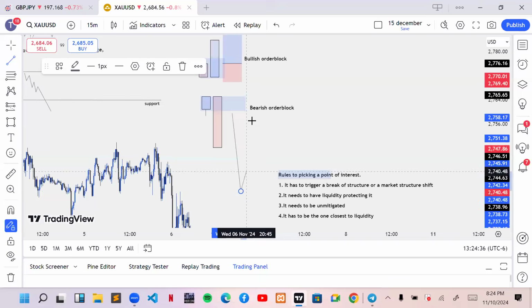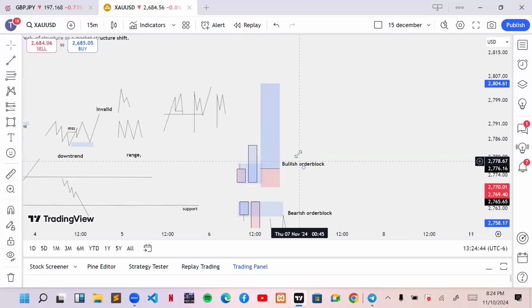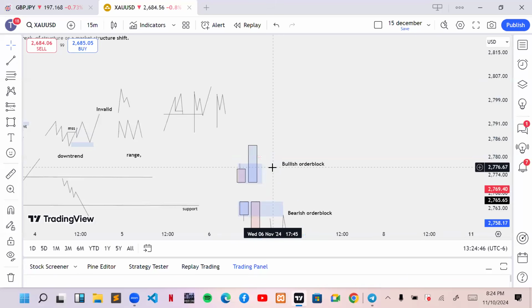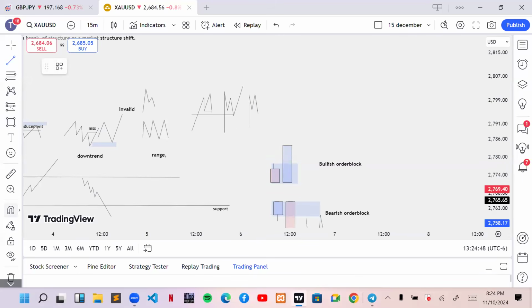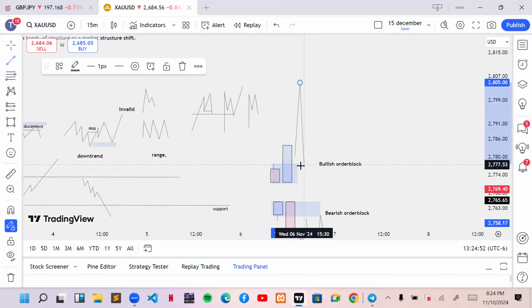When price comes back to tap this order block, that is what I mean by mitigation. Understand? The same thing with this bullish order block here. If the market breaks out from here, then comes back to tap this order block, that is what I mean by mitigation.